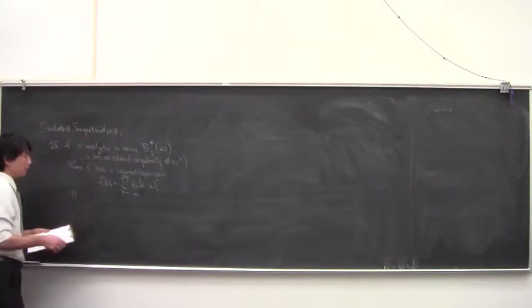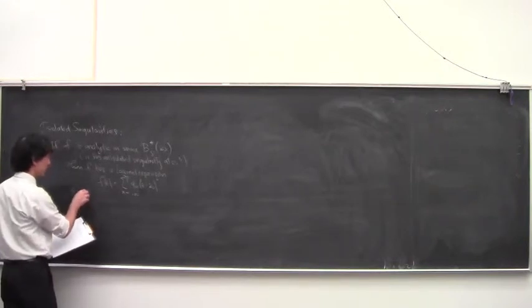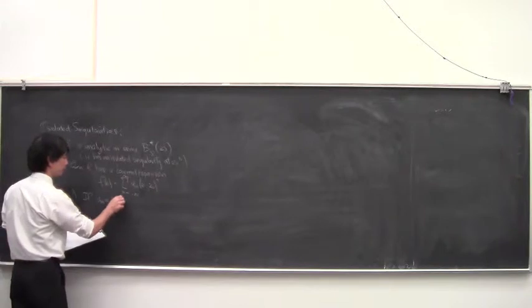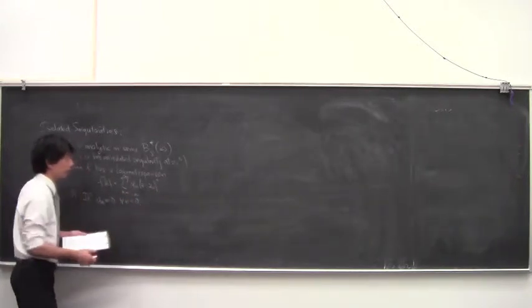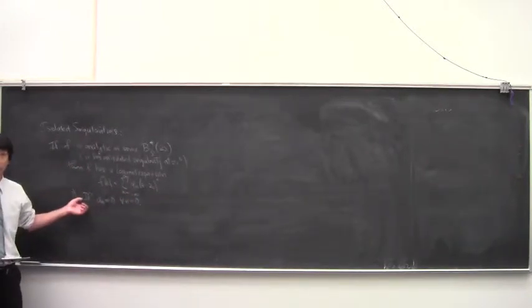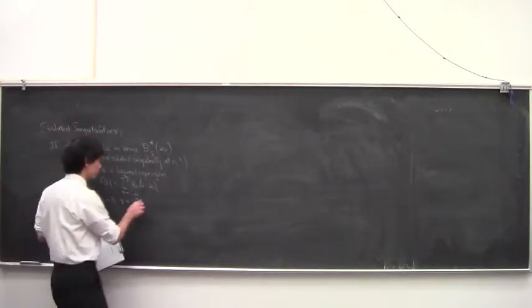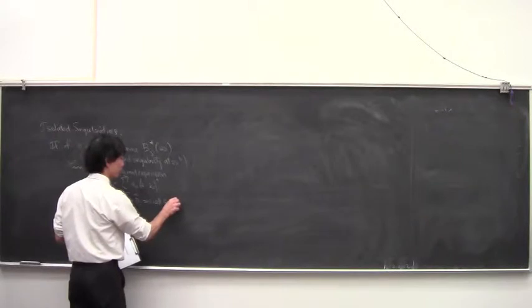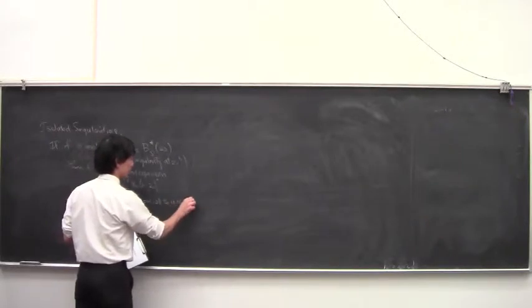One, it could be a removable singularity. If a sub n is equal to 0 for all n less than 0, then we call this a removable singularity. Call z naught a removable singularity.